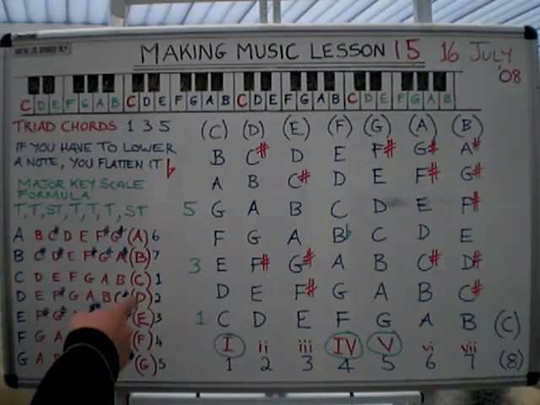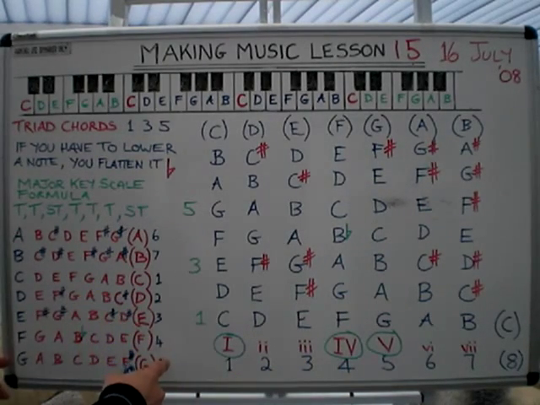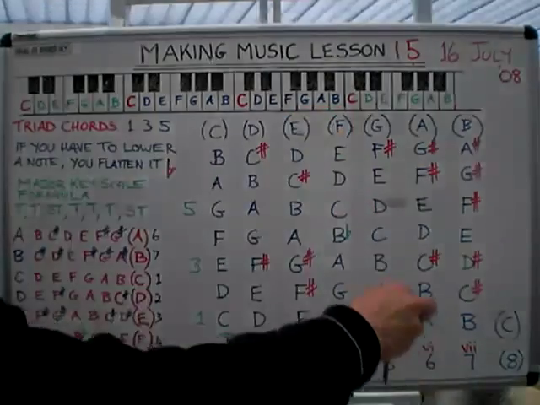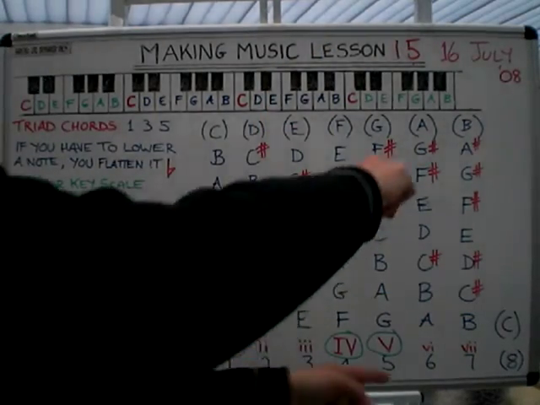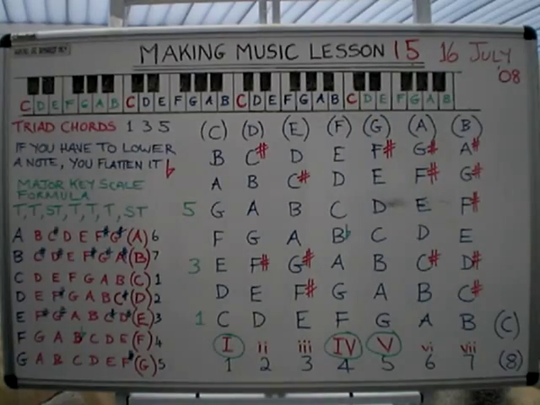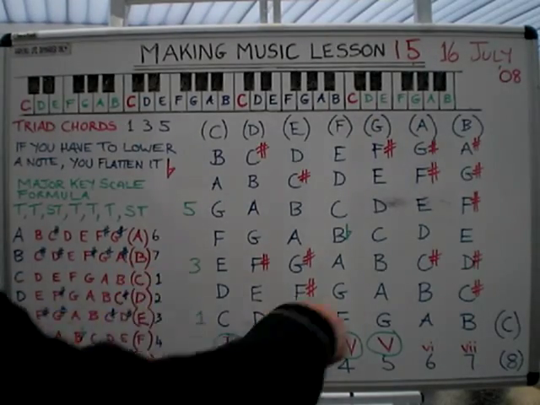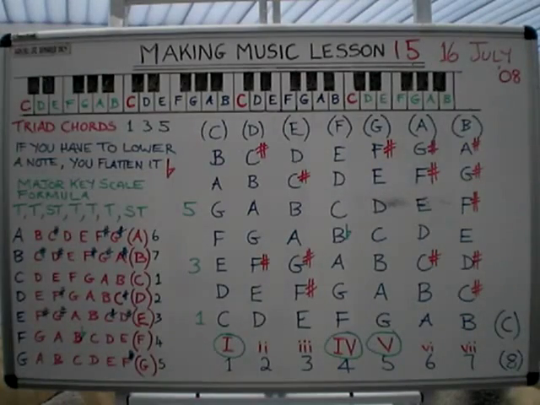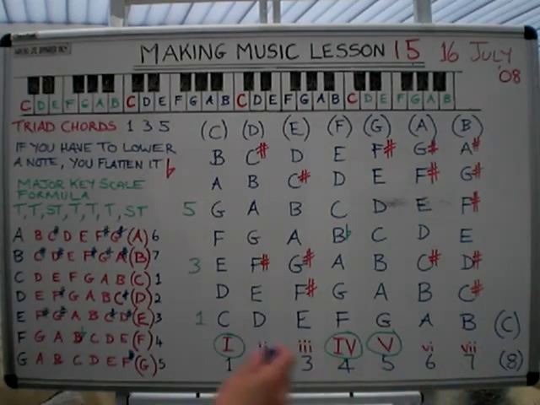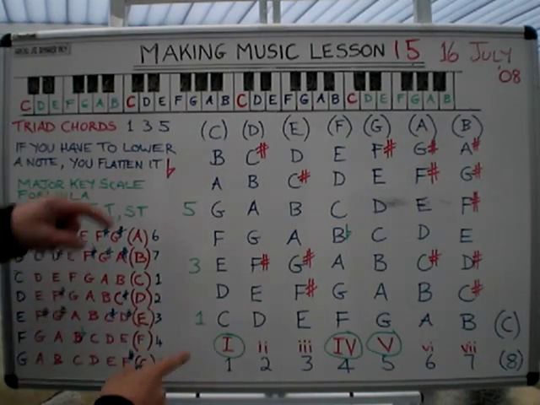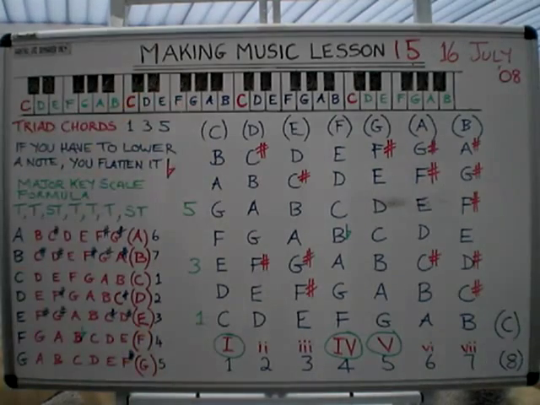Same with the G, stack it vertically. Then we take the A, stack it vertically, and B, the last one, stack it vertically. So we've got the scale of C horizontally, and we've got the scale of C vertically.